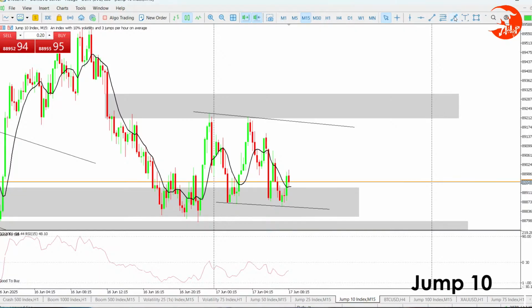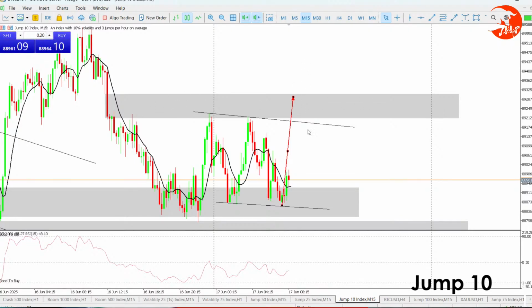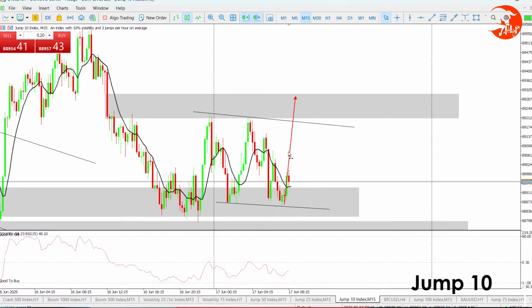The reason why I try to make sense of everything here is I need to know and make a plan ahead. So it tells me that price has to still come there. It hasn't reached 50% of that fair value gap, so it has to get back to that level. So we can actually make an entry for the buy.